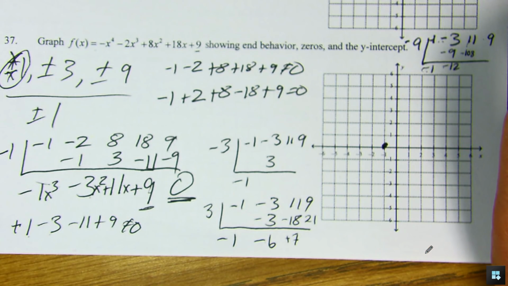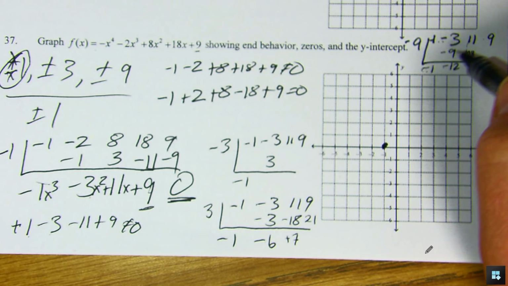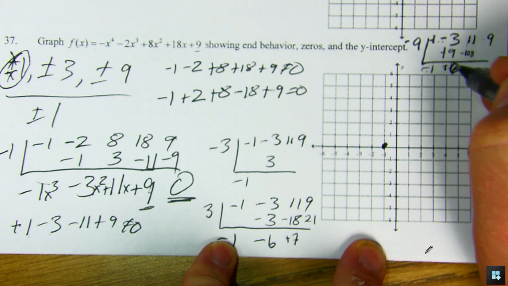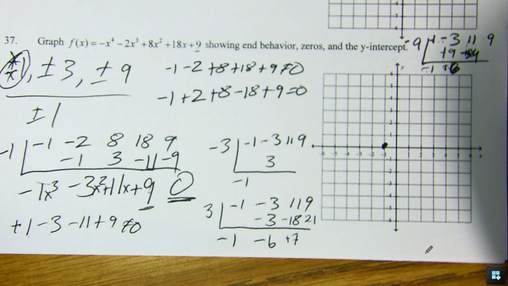What about negative 9? Well, negative 9. So if I do negative 9, see, negative 1 times negative 9 is plus 9. It's going to give me a plus 6. Times negative 9 is negative 54. That's not going to work.